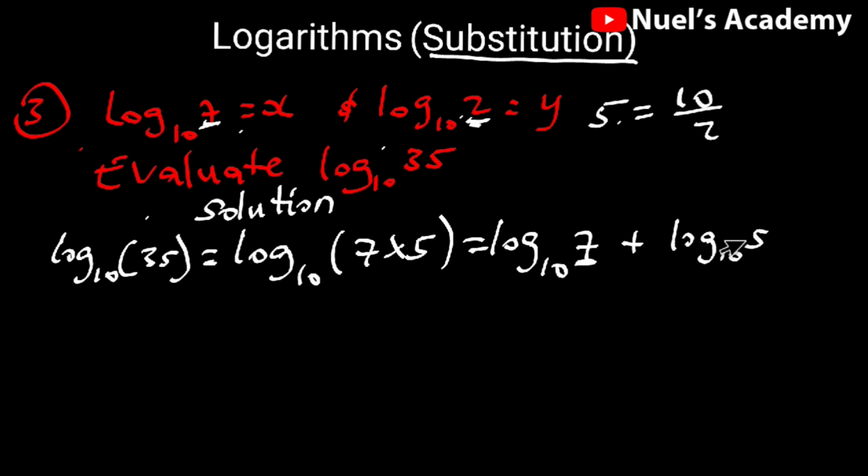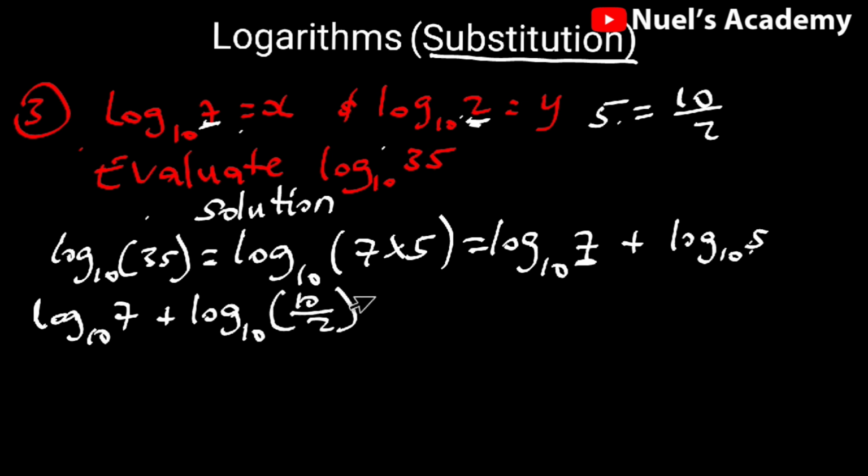And so we are going to substitute this 5 with 10/2. So this becomes log base 10 of 7 plus log base 10 of 10 over 2. So this is equals to log base 10 of 7 plus log base 10 of 10 over 2.